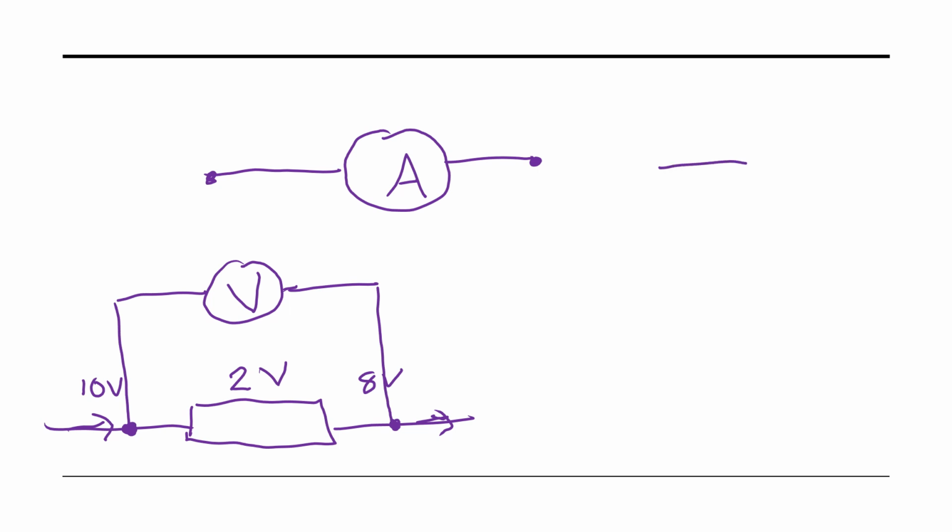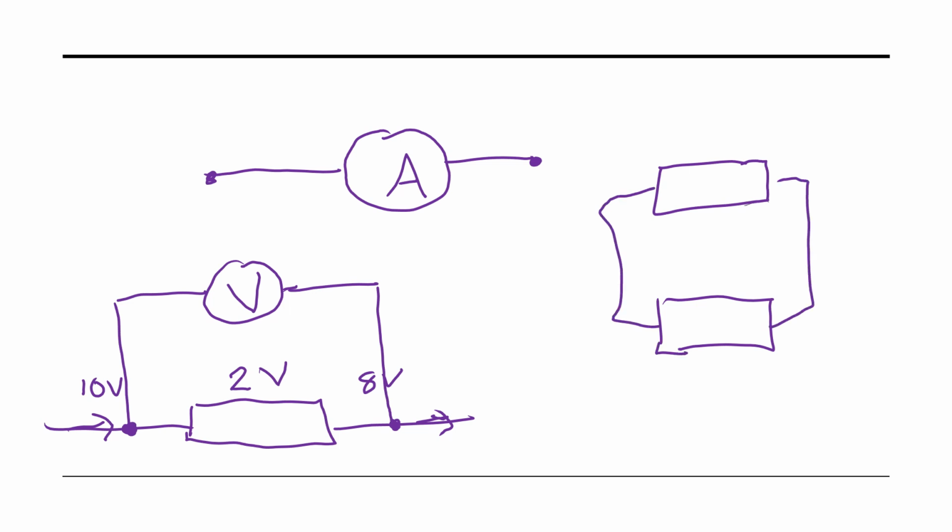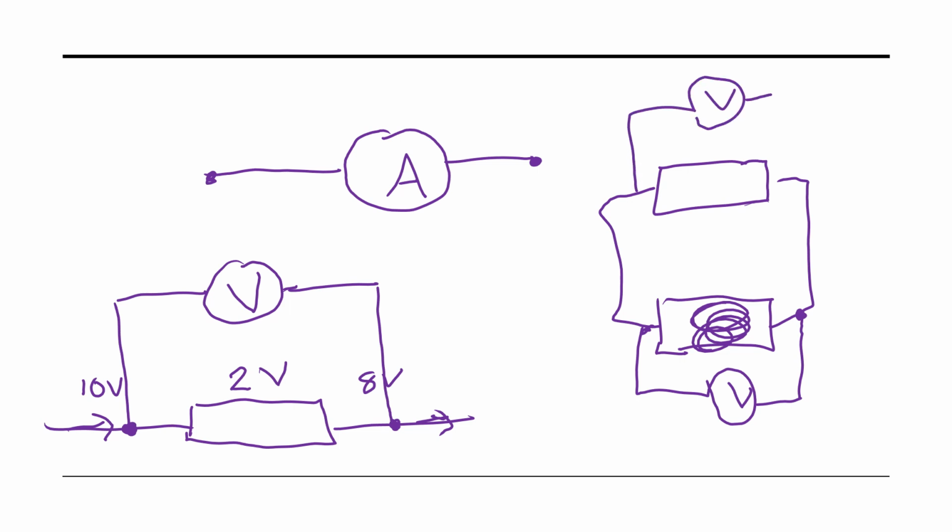If we had the resistors or cells in parallel, so let's say I have this connection over here like this. If I had a voltmeter over here, this voltmeter is only measuring this resistor. If I had a voltmeter over here, this voltmeter is only measuring this resistor.